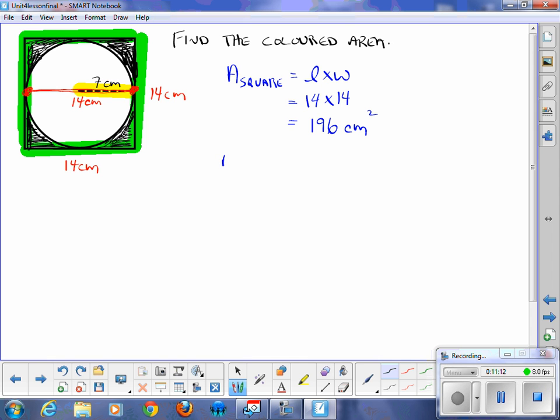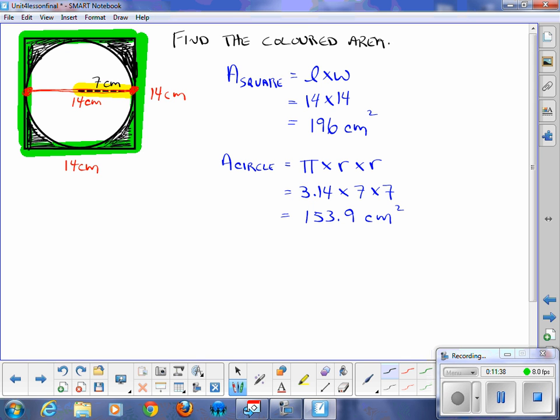So let's find the area of the circle, because that seems to have been eliminated. Area of a circle, pi times r squared, 3.14 multiplied by 7 times 7. So that area of the circle that we just chopped out turns out to be 153.9 centimeters squared.